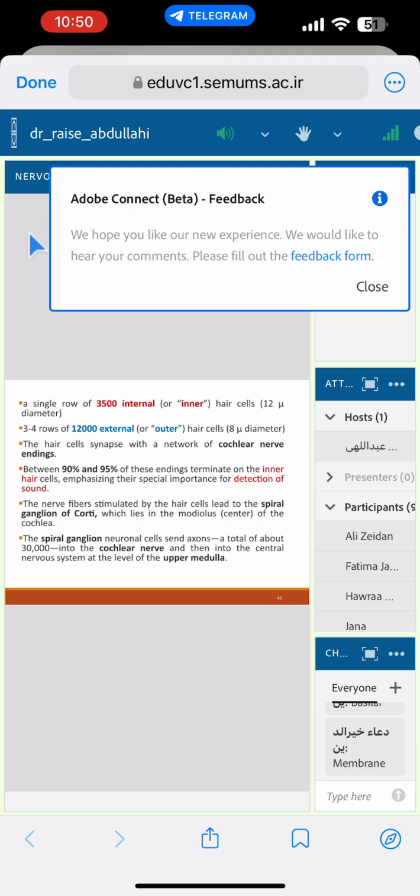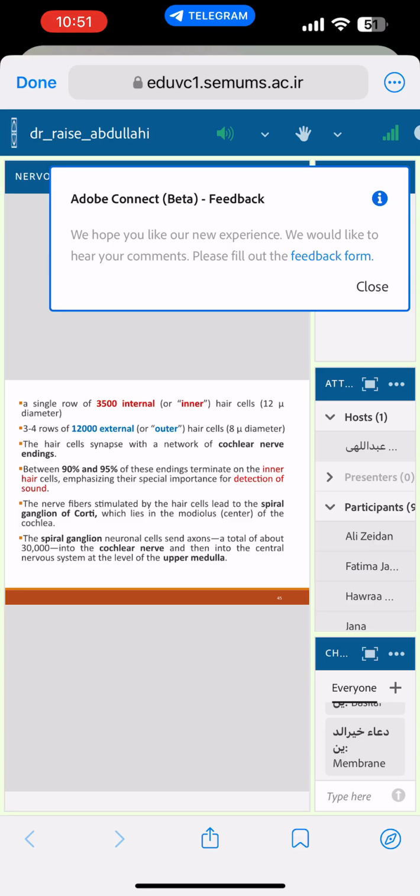Between 90% and 95% of these endings terminate on the inner hair cells, emphasizing their special importance for detection of sound. The hair cells synapse with a network of cochlear nerve endings.